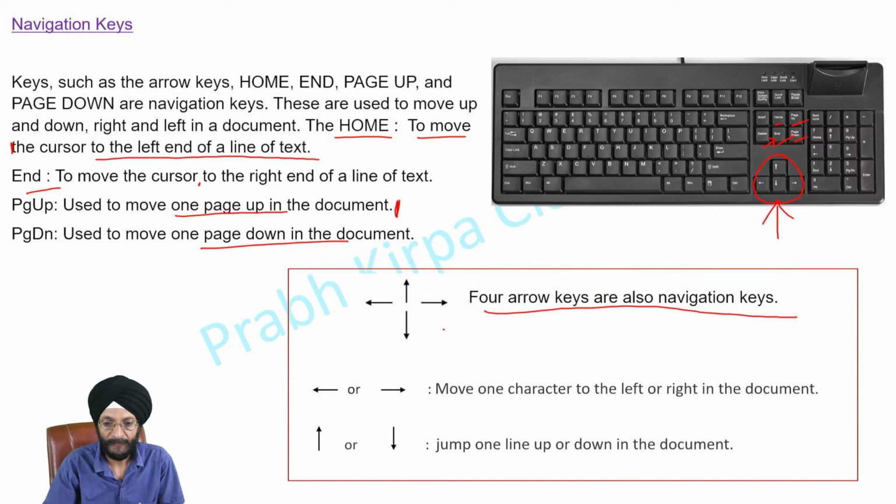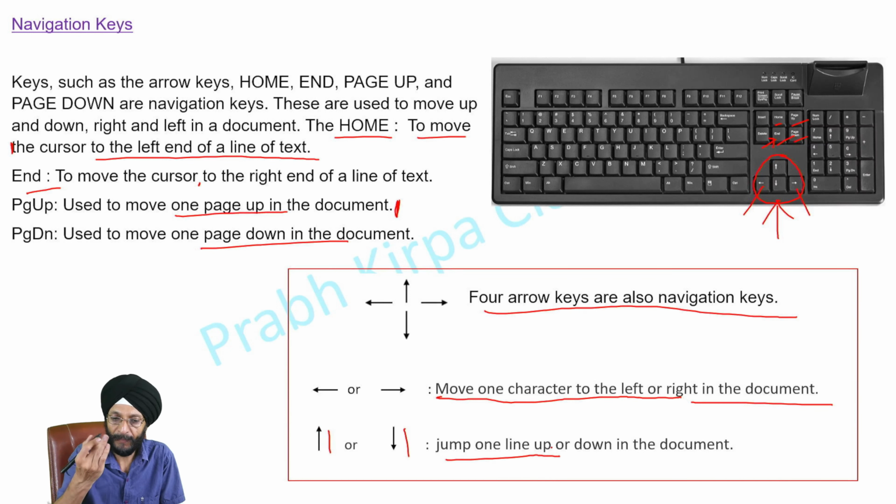These are also known as navigation keys. If we press this or this, we will move one character to the left or right in the document. If we press this type of key, we will jump one line up or one line down in the document.